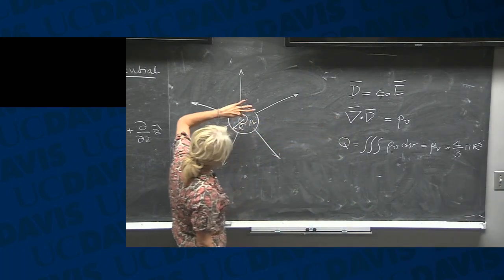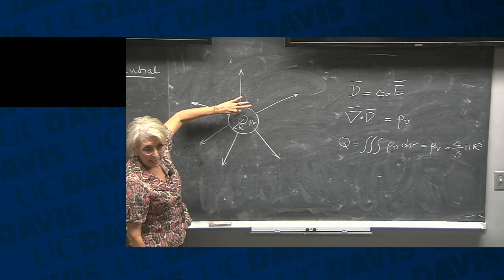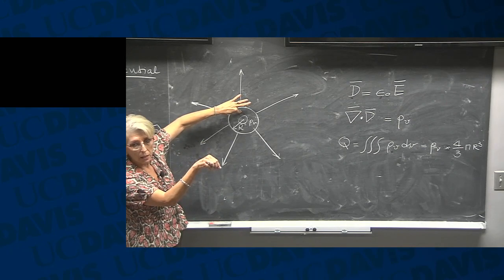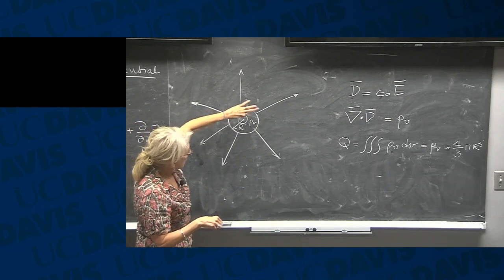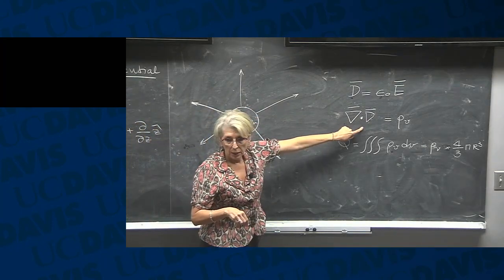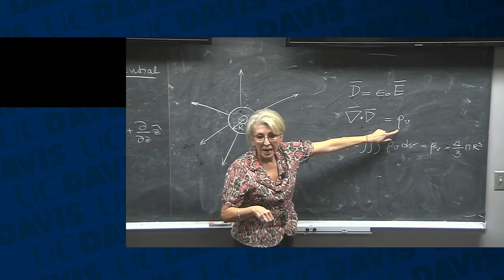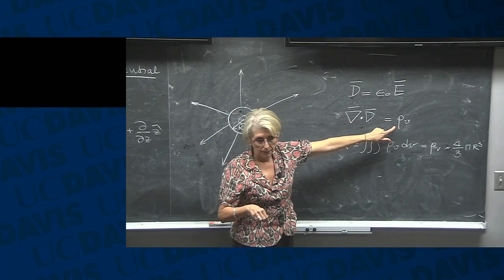That says that if I find myself inside this sphere, and I go to a point in this sphere, and I take the divergence of D, then that is going to be equal to the volume charge density. All right?